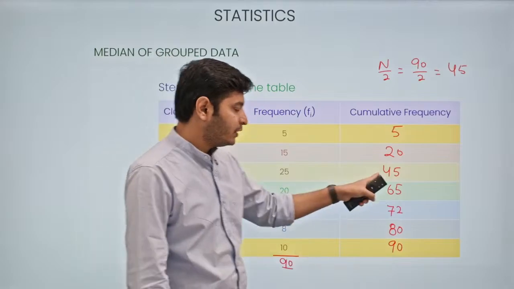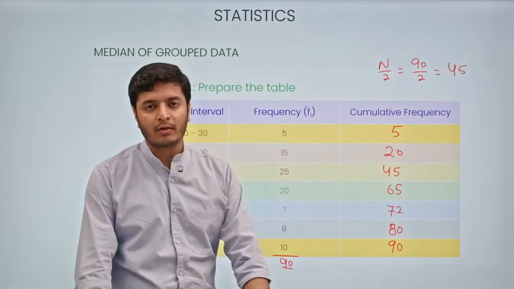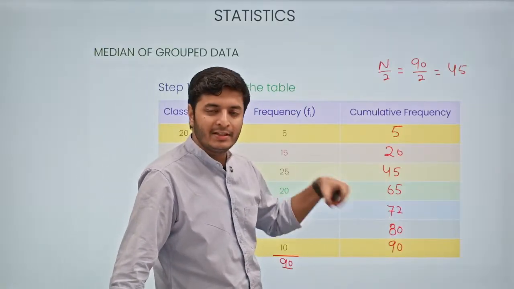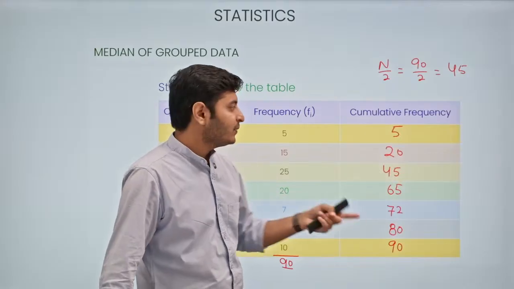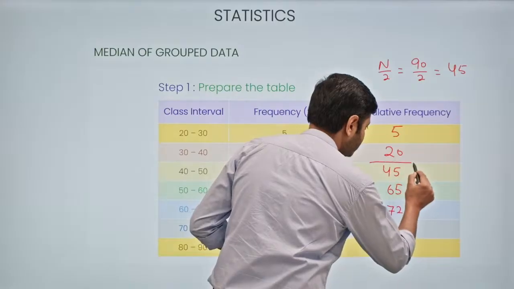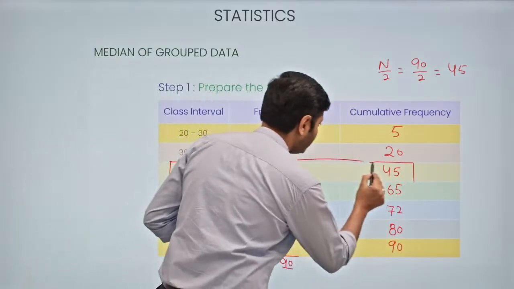Yes, there is, 45. If this 45 is not there, suppose this value is 44 for now, then we need to go with the next closest value. But in this case, this is directly matching, so we are going to highlight this row. This is our median class now.